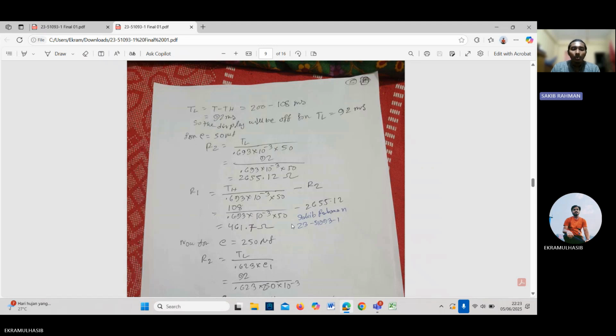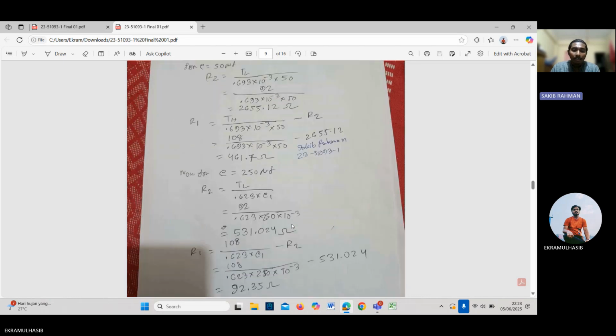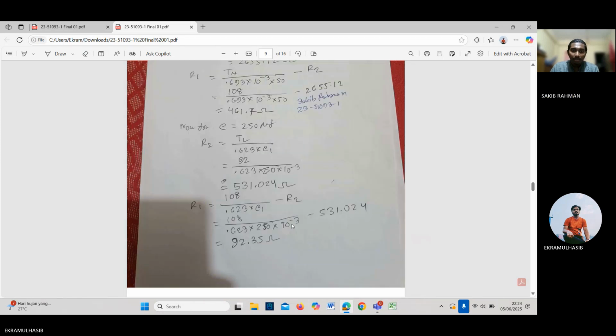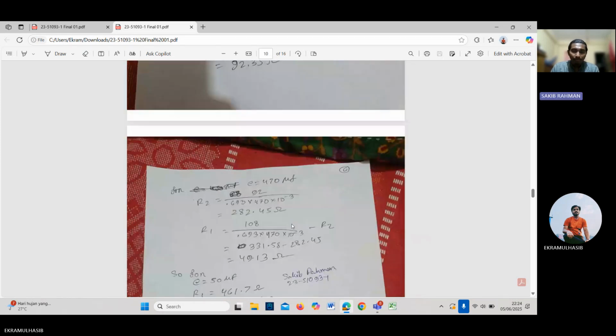For the R1, I have to find it from time high, then subtract R2, which is 461.7 ohm. And this was for the capacitor 50 microfarad.